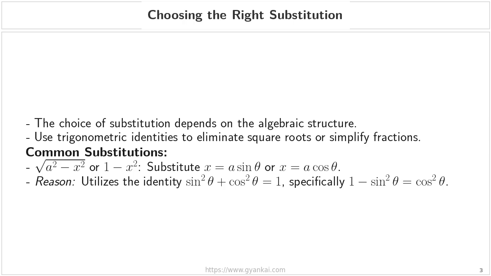More specifically, we are using the rearranged form, 1 minus sine squared theta equals cosine squared theta. By doing this, we can transform the expression under the square root into a single squared term, effectively removing the radical and simplifying the expression. In the next slide, we will explore other common substitutions for different algebraic structures.